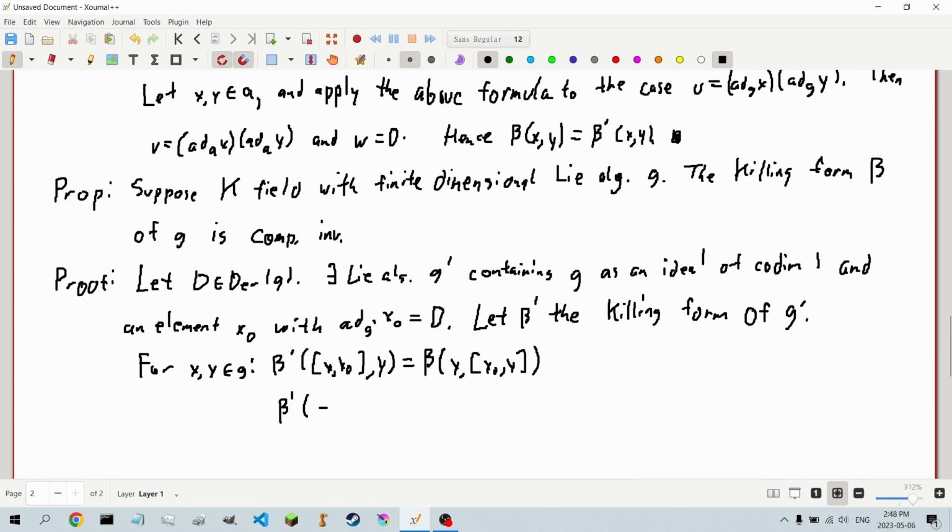Which, as we saw, is negative if you flip these, and that's the adjoint in G prime of x0 on x, which is negative dx, y, and then we can move that minus sign out to the front since it's bilinear. And then this is just beta of x, dy.